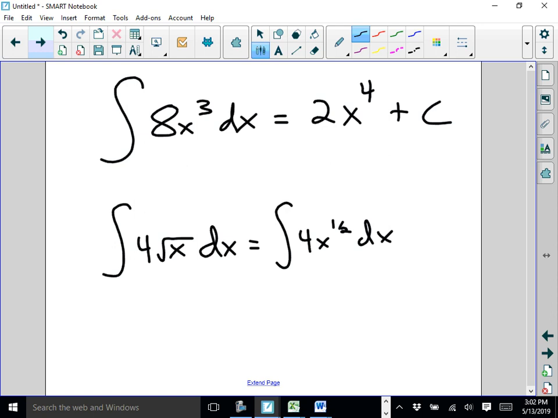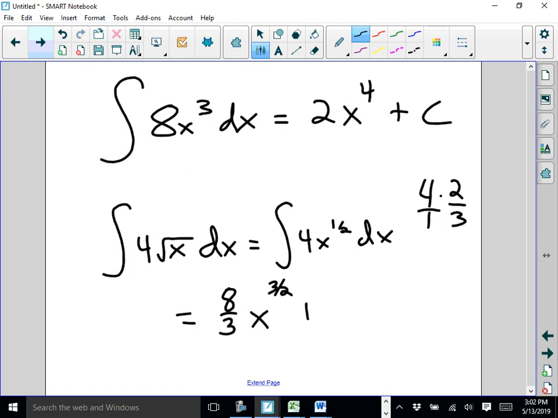Okay, then this is going to equal, I need to bump the power. Half plus 1 is 3 halves. And then I have to divide by 3 halves. Well, dividing by 3 halves is the same as taking 4 and multiplying by 2/3. When I multiply them together, there's nothing to cross cancel. So I get 8/3 x to the 3 halves plus c.